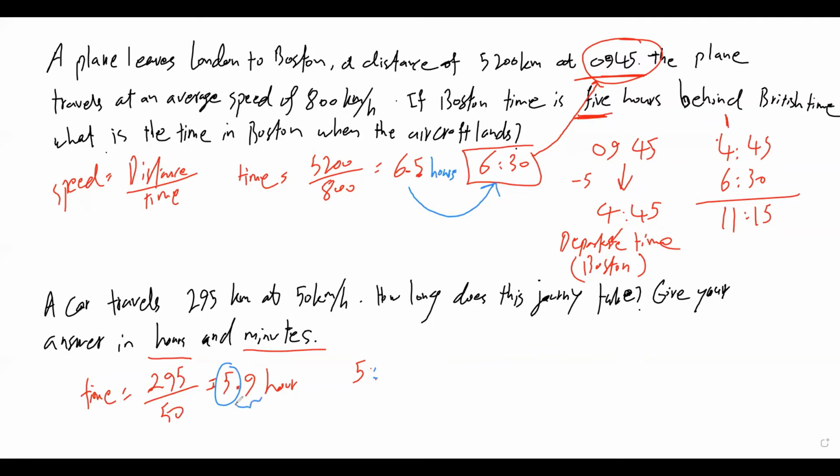How do you convert it to minutes? You can obtain that by forming a ratio, simply 0.9 or 9/10 times 60, right? 9/10, because you want to find out what is 9/10 of 1 hour, which is 60 minutes, right? And that gives us 54 minutes.